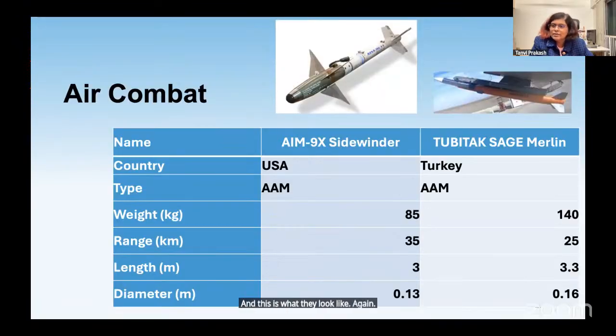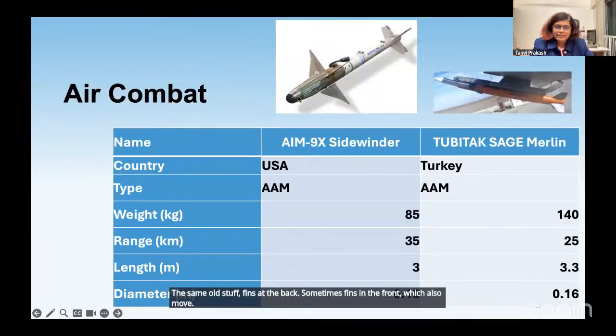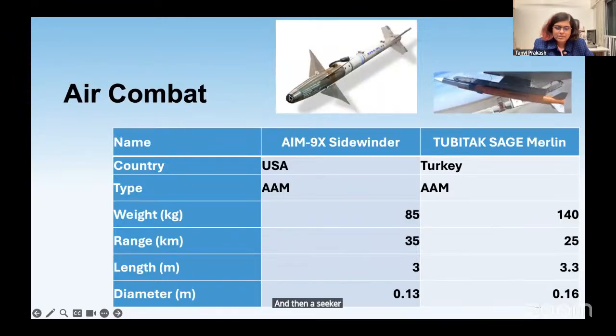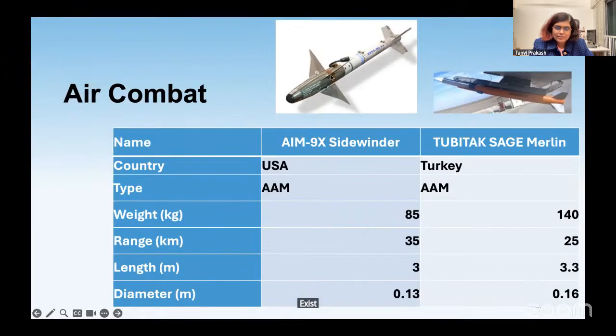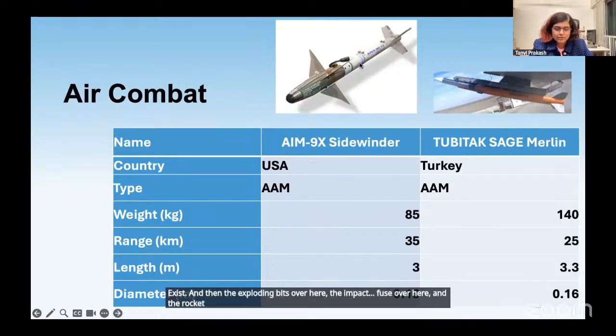Again, similar kind of construction, as you can see, the same old stuff, fins at the back, sometimes fins in the front, which also move. And then a seeker in the front, which is a thermal seeker or a laser seeker, perhaps different types exist. And then the exploding bits over here, the impact fuse over here, and the rocket system over here. It's the same construction pretty much.